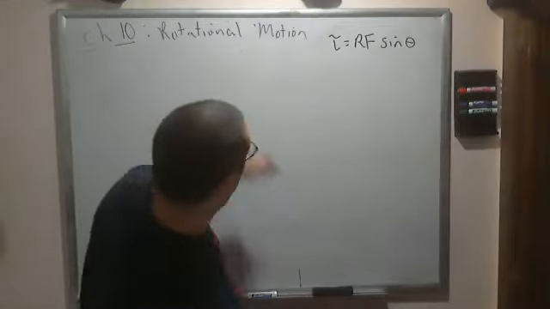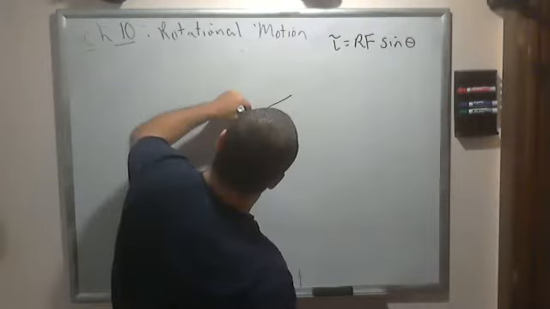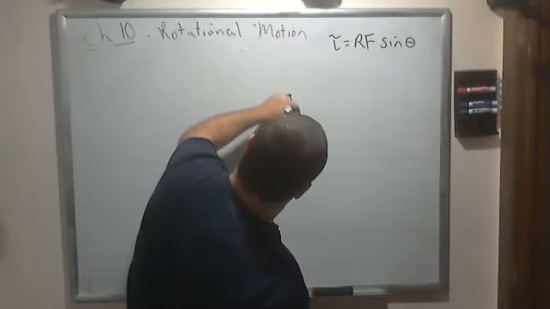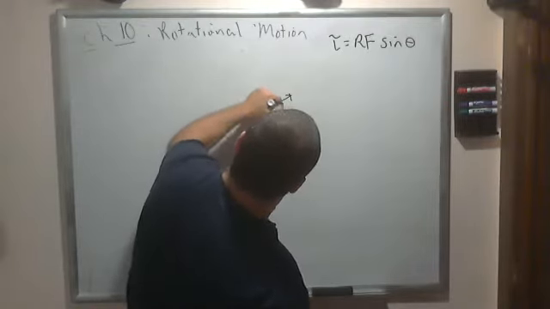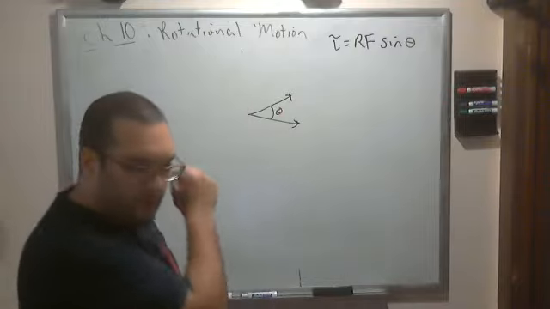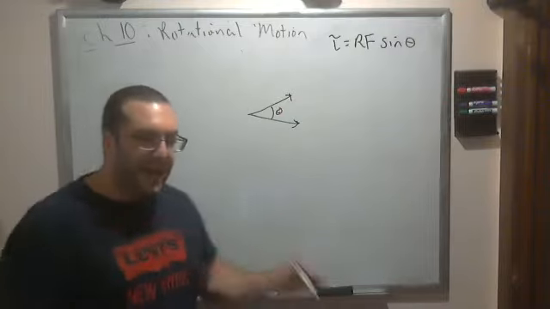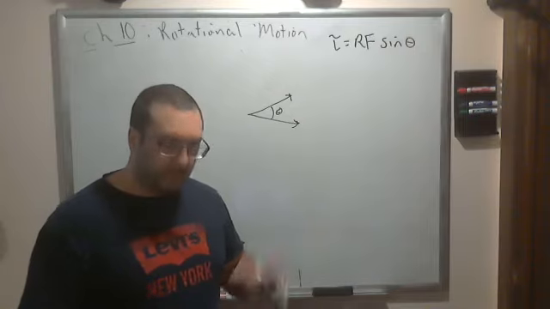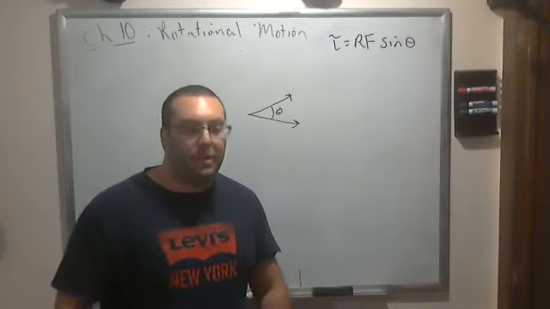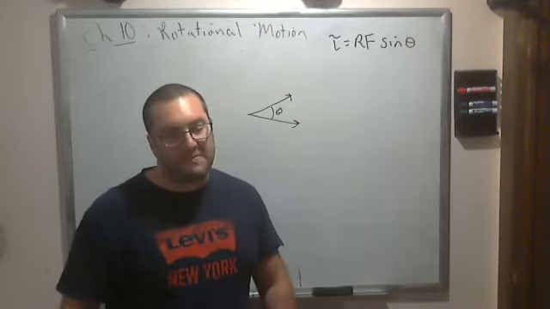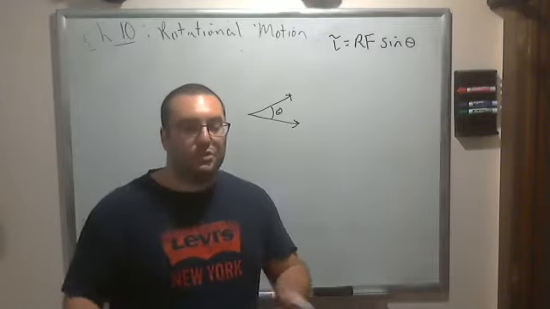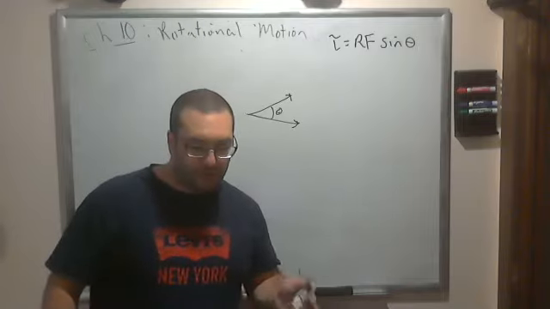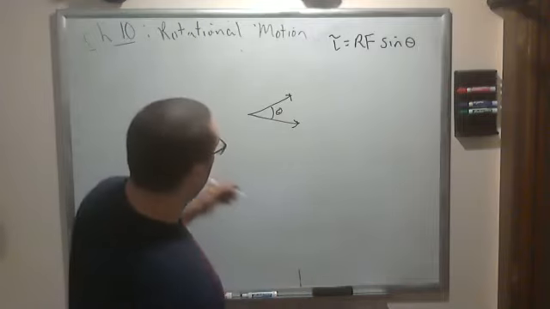Now, the most general way is, let's say we had 2 vectors at an angle theta, and I ask you to give me a 3rd vector that's perpendicular to both of these. To do this, you would do a vector cross product.